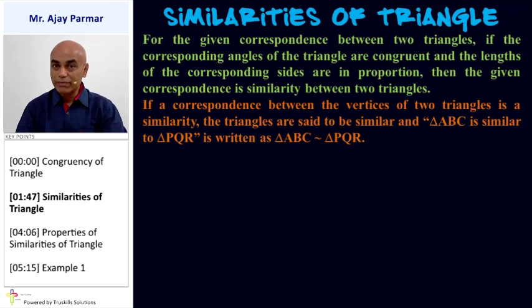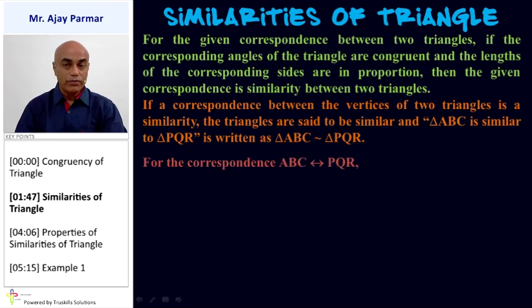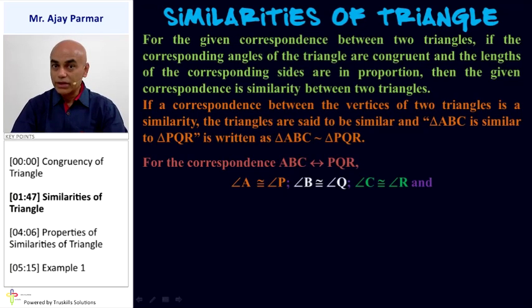If we try to see this thing mathematically, then for correspondence ABC to PQR, angle A is congruent to angle P, angle B congruent to angle Q, angle C congruent to angle R, because according to the definition, the angles should be congruent.